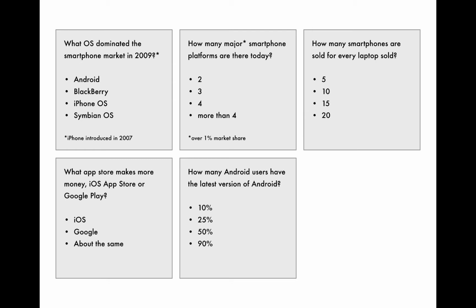Let's get started. The first question: what operating system dominated the smartphone market in 2009? And to give a little context for this question, remember that the iPhone was announced at the beginning of 2007. And let me just note here, if you have never seen Steve Jobs' keynote where he introduces the iPhone, I strongly encourage you to watch it.